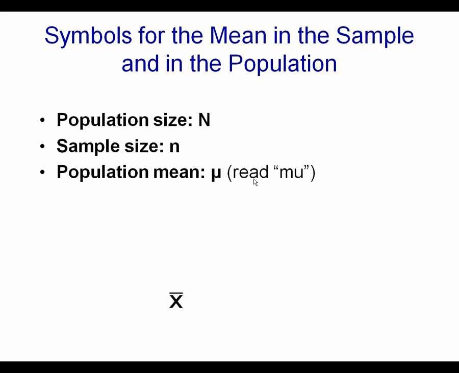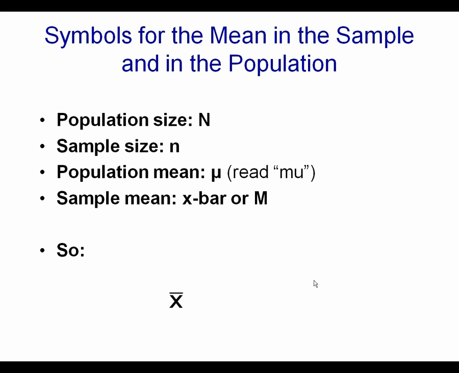The population mean is the Greek letter mu, which is kind of a fancy looking M, mu. And the sample mean is an X bar, or large M. This is the symbol for X bar. You can see right down here.